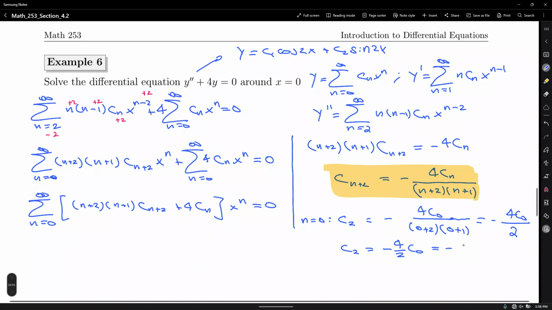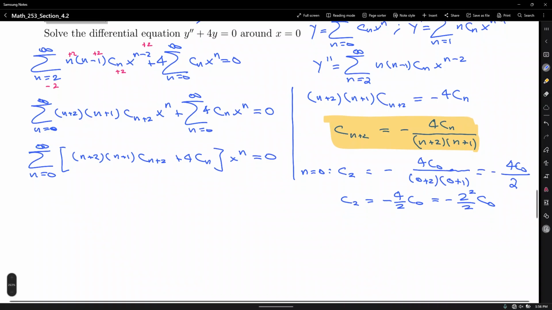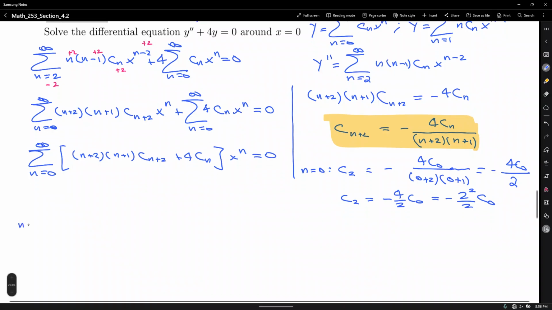I'm going to write this as negative 2 squared over 2 c sub 0. The reason for this is that these powers of 2 later on will play a big role when coming up with the general rule. Okay, so for n equals 1, this will be c sub, what is 1 plus 2?